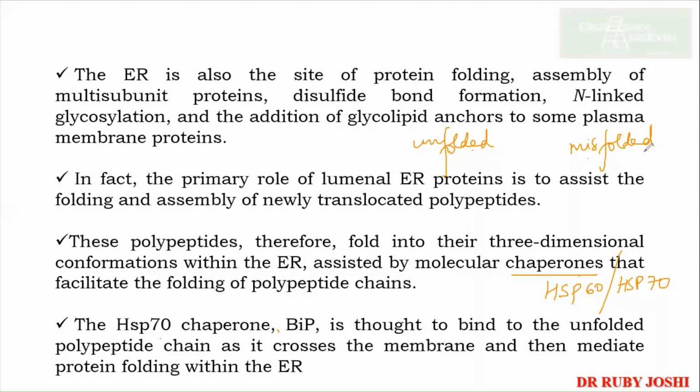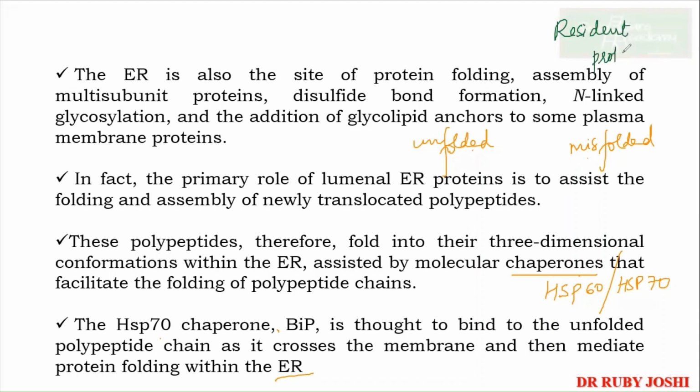So one protein we have discussed now is the BIP, which helps as it crosses the membrane and then mediates the protein folding within the ER. अब इसका क्या मतलब हुआ? That the BIP proteins or the HSP 70, they are also known as the resident proteins.